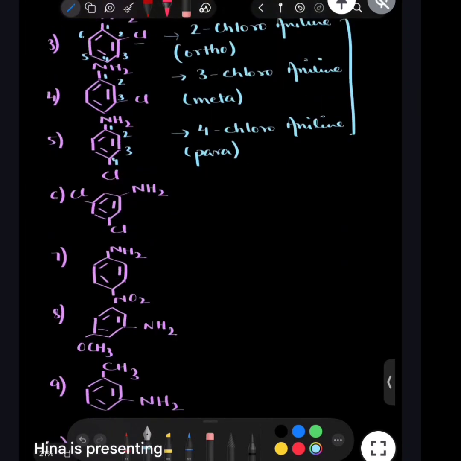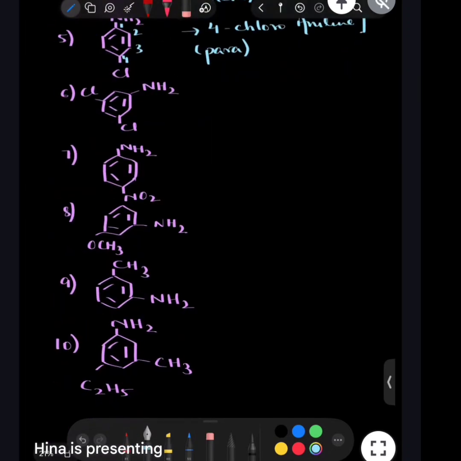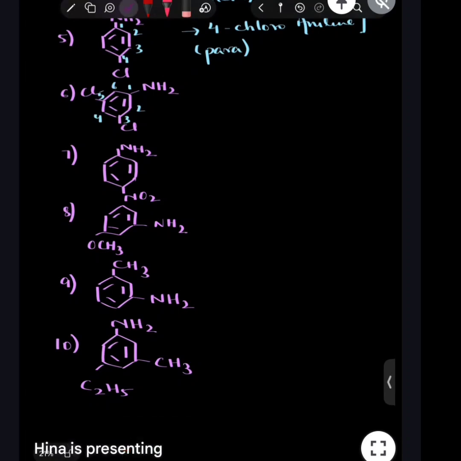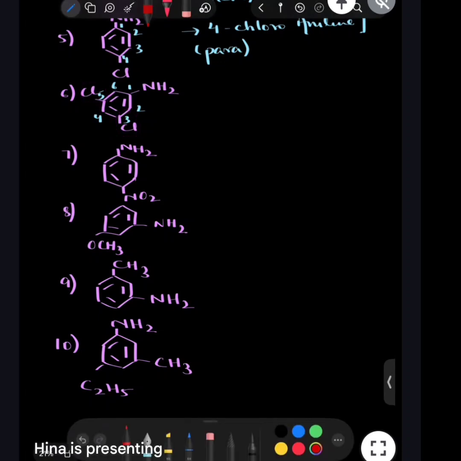In the next compound we can observe that there are 2 chlorines, so we need to start numbering from the amino group, as I said, 3, then 4, then 5, then 6. Okay, so we can see that the chlorine is present in the third as well as in the fifth place. So we are supposed to write di, tri, tetra, these kinds of words when the same group has been added to the benzene ring.